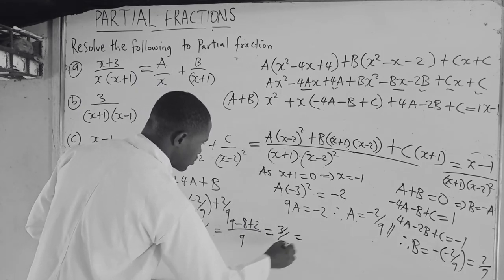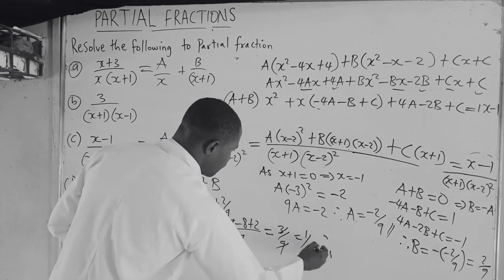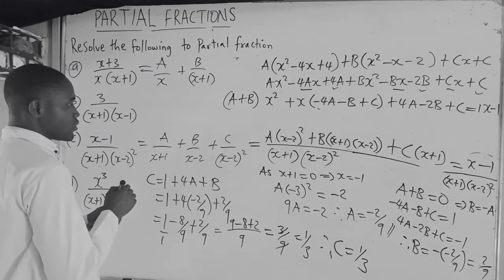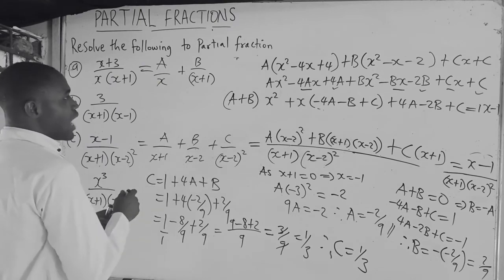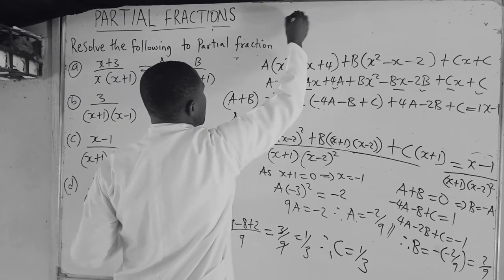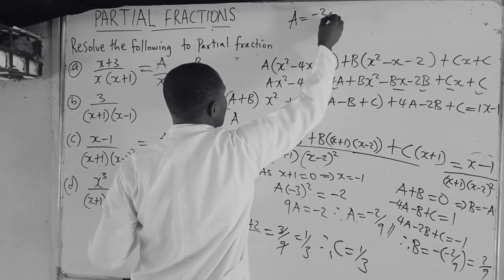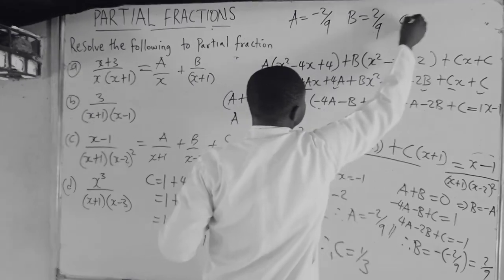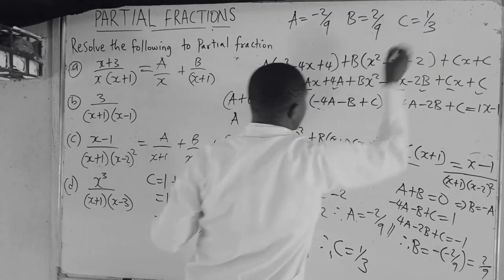That is 1 over 3. Therefore, c is equal to 1 over 3. So, we have gotten our a equal to minus 2 over 9, b equal to 2 over 9, c equal to 1 over 3.